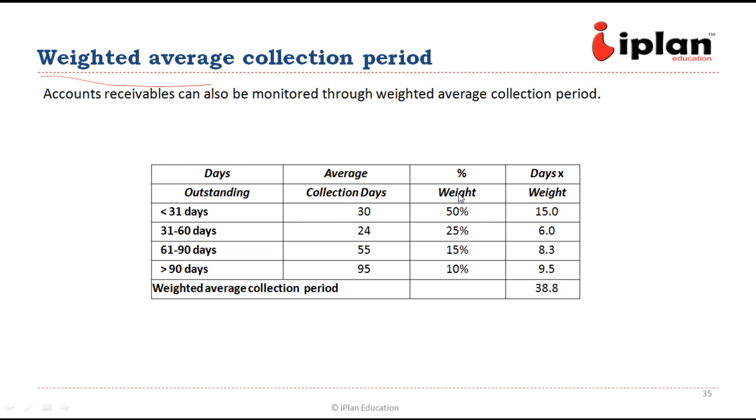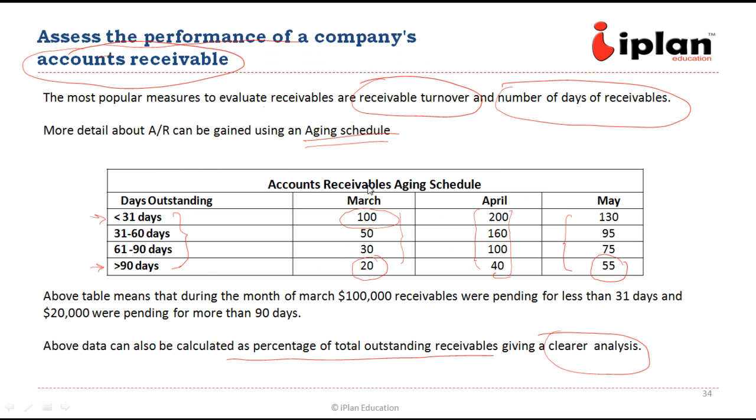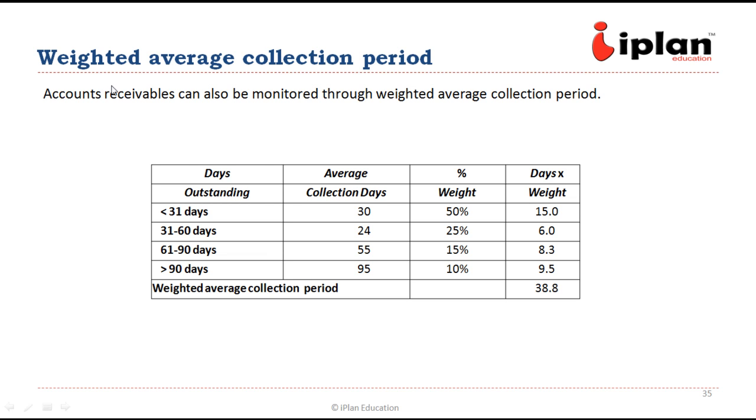Here, these weights are nothing but the percentages. In this, instead of absolute numbers, we are taking percentages of total receivables. That helps us to calculate the weighted average collection period. So these percentages are used as weights.